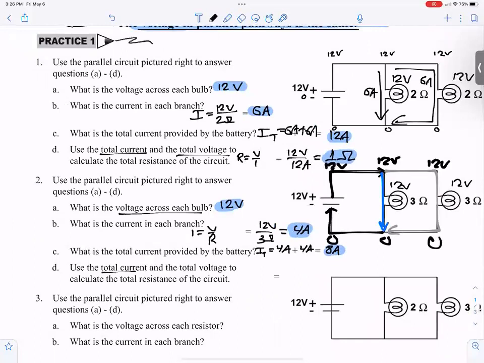And the total resistance can be found by taking the total voltage divided by the total current. So R equals V over I, which would be, in this case, 12 volts over 8 amps, which is roughly about 1.5 ohms.